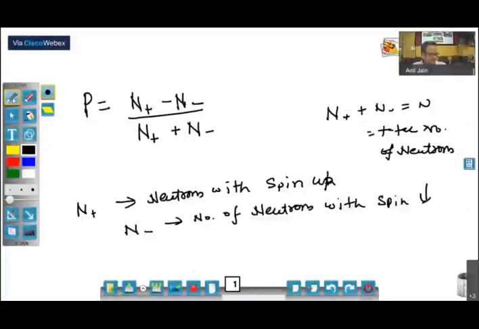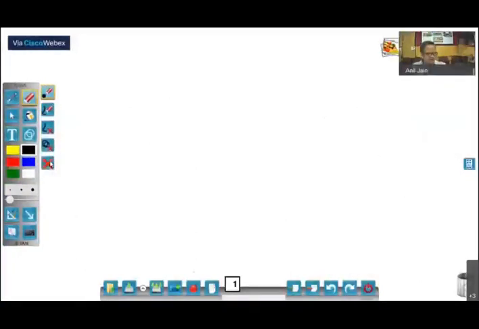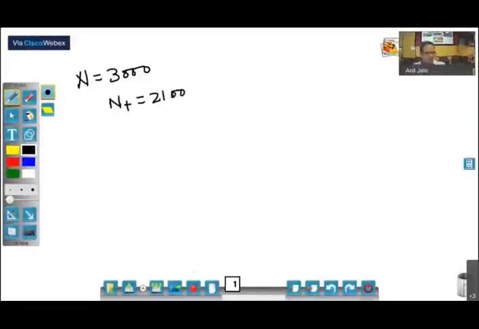Suppose I have a neutron beam in which the total number of neutrons n is 3000, out of which n plus is 2100 neutrons with spin up and the remaining 900 have spin down.